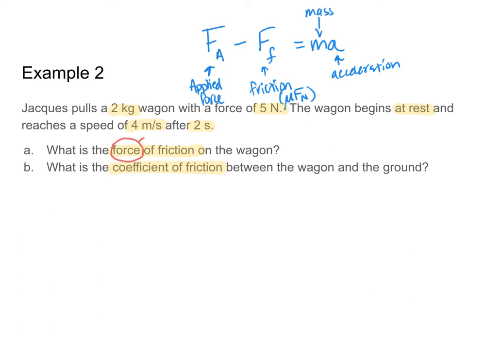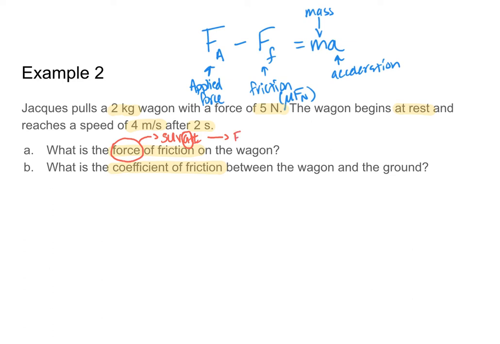Since I'm being asked to find a force, that means I need to start with my Suvat equations. Once I find my acceleration using Suvat, I can use my F net equals ma equation to find the force of friction. But I'm going to be using my expanded version of that equation.